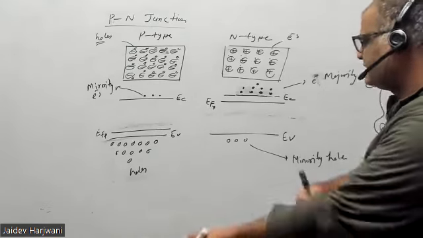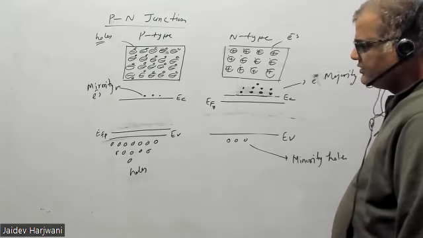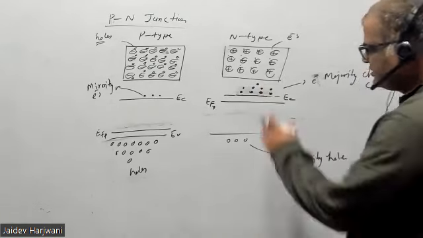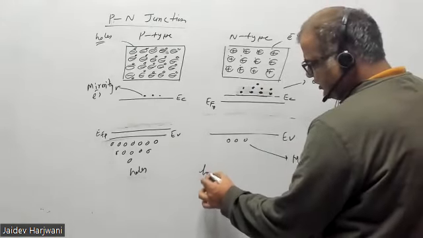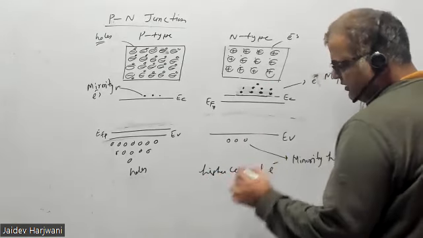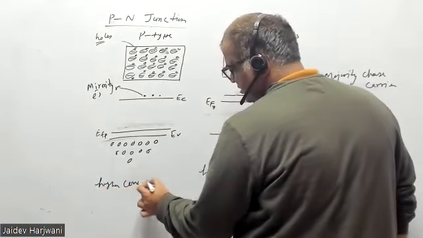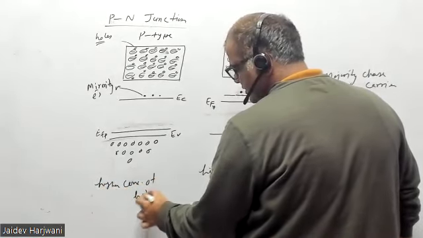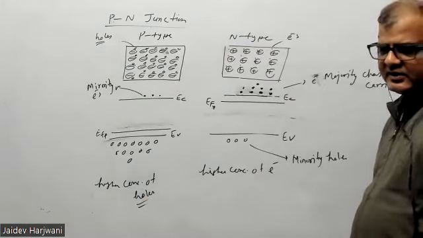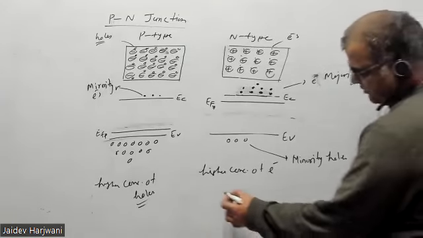Now what happens when you try to join them together? There is a concentration gradient: this side has a higher concentration of electrons, and this side has a higher concentration of holes. Whenever there is a concentration gradient, diffusion will take place.